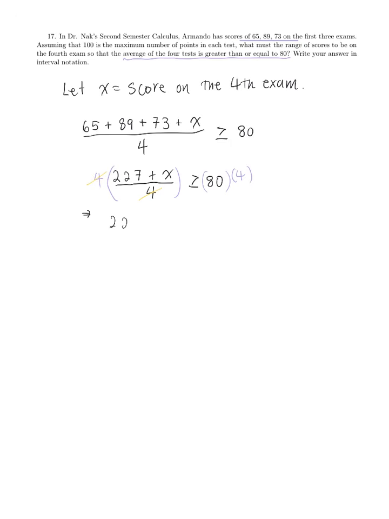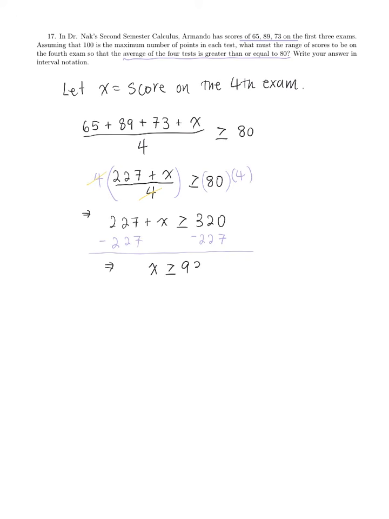So we get 227 plus x is greater or equal to 320. Next, remember, we're solving for x, so I would subtract 227 from both sides. All right, so then what do we get? We're going to have x better be greater or equal to, what is that, 93?